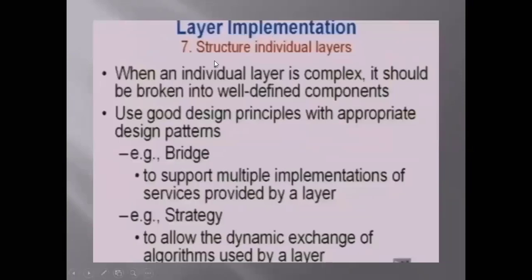The seventh step is to structure individual layers. When an individual layer is complex, it should be broken down into well-defined different components. As you can imagine, whenever I consider this box, I can call it an entire architectural design.